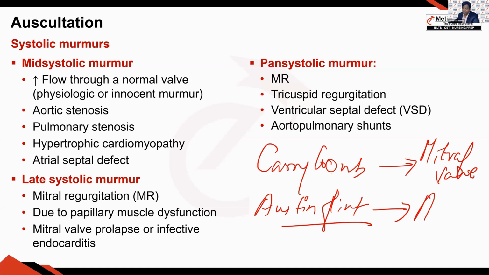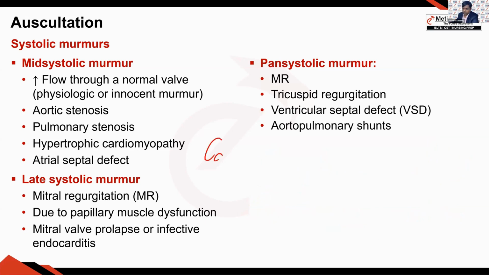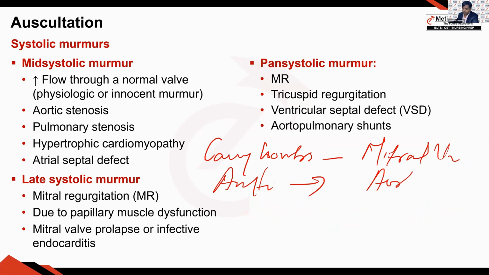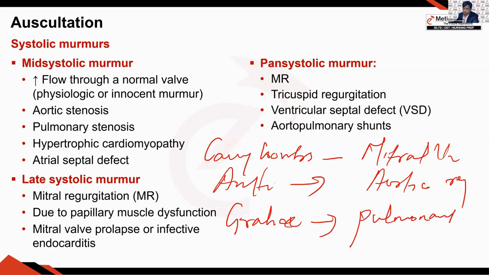Austin Flint murmur is seen in aortic regurgitation, A for A. One more murmur is the Graham Steell murmur, a condition-based murmur seen in pulmonary conditions, pulmonary stenosis.